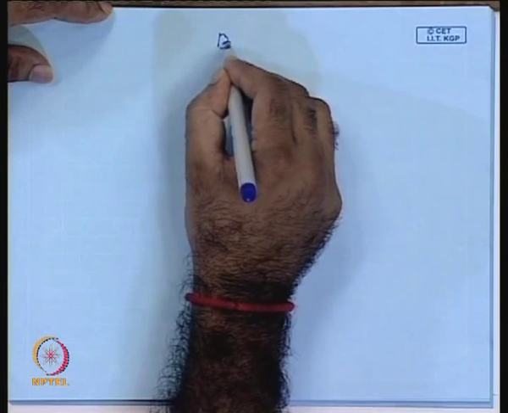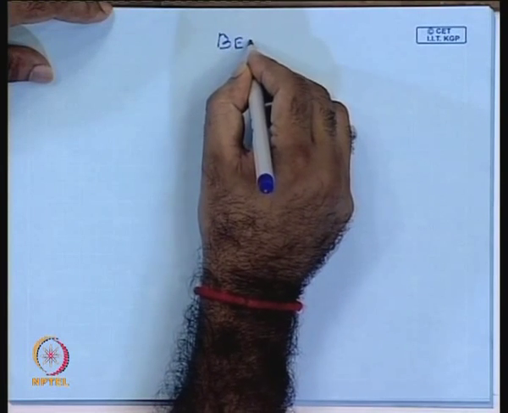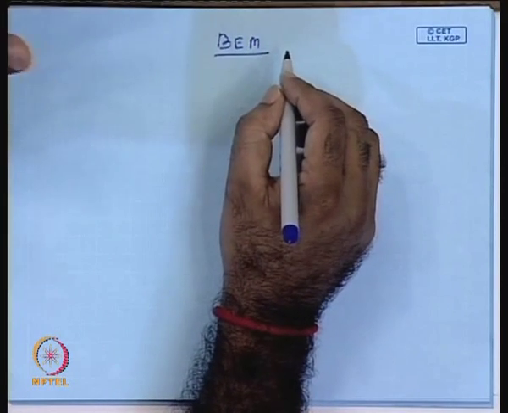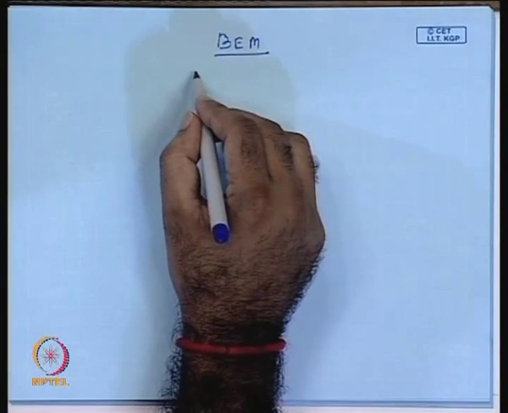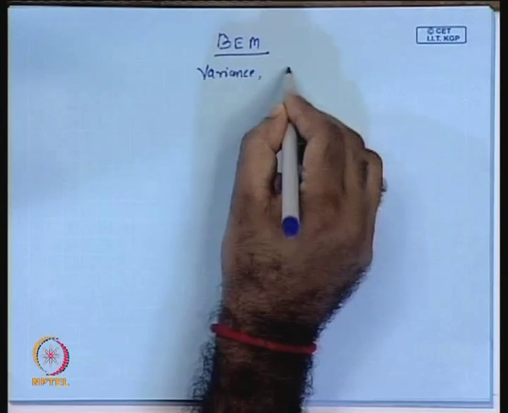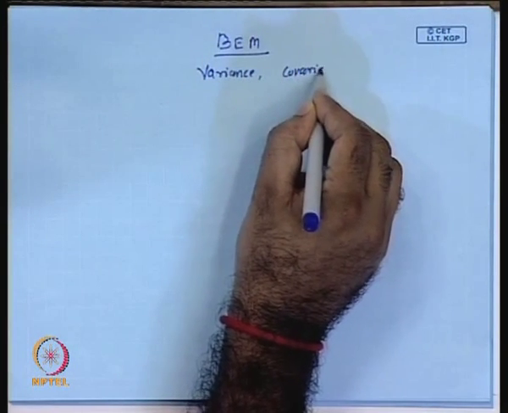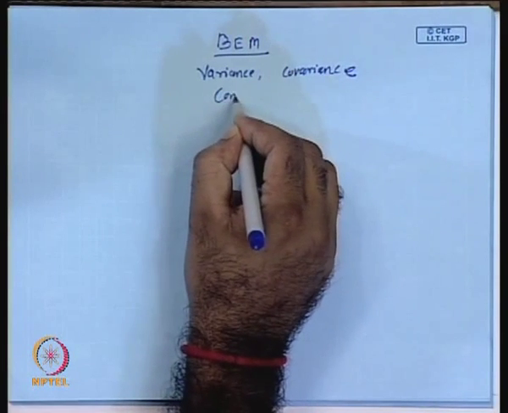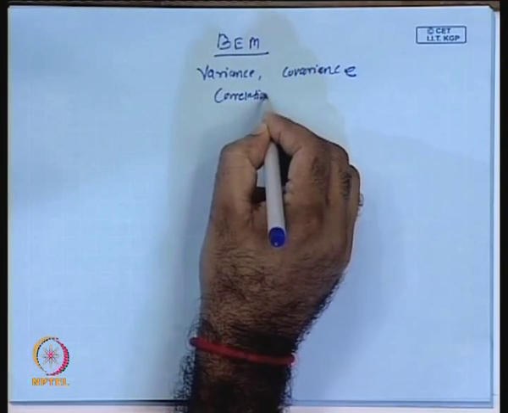So, let me explain here. There are various properties associated with the regression coefficients, correlation coefficients, covariance and variance. Ultimately, in this bivariate data analysis or bivariate econometric modeling, we are very much interested in variance, covariance, correlation and regression.